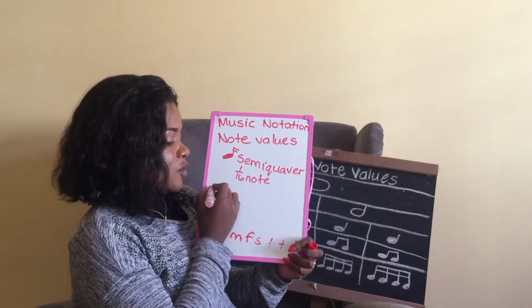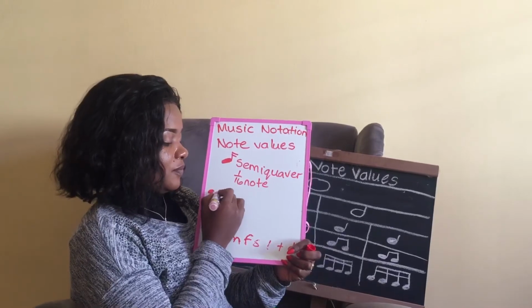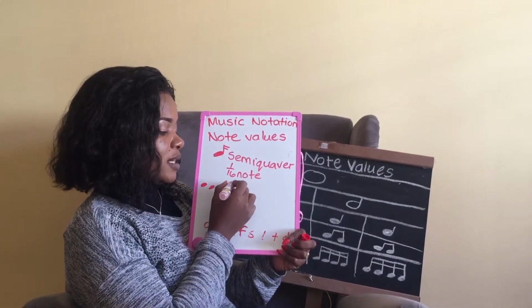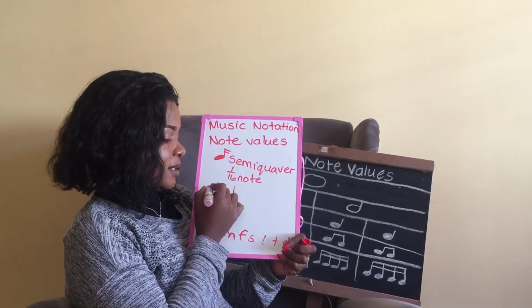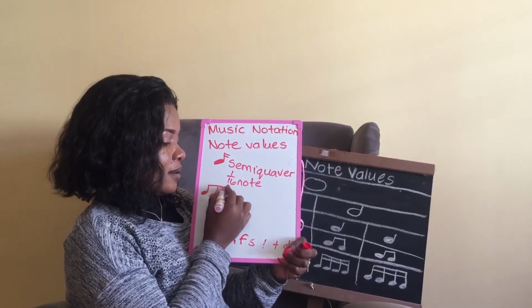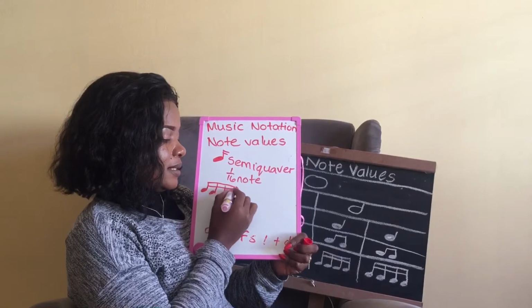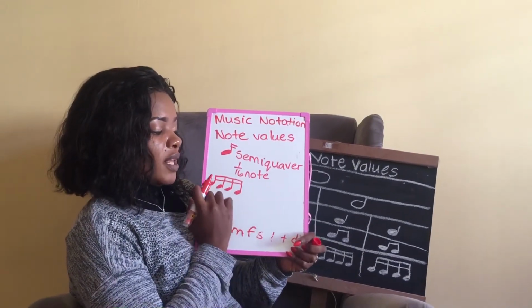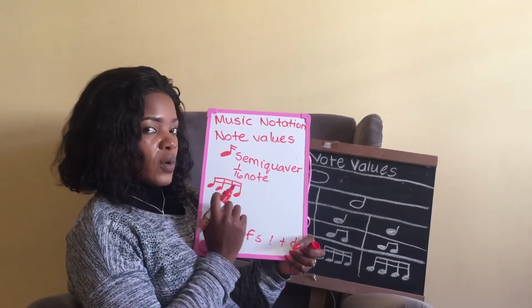These normally move in 4s. 1, 2, 3, 4. 4 heads. Then we put the stems, and then 2 lines like that. These 4 have the same value as 1 beat.